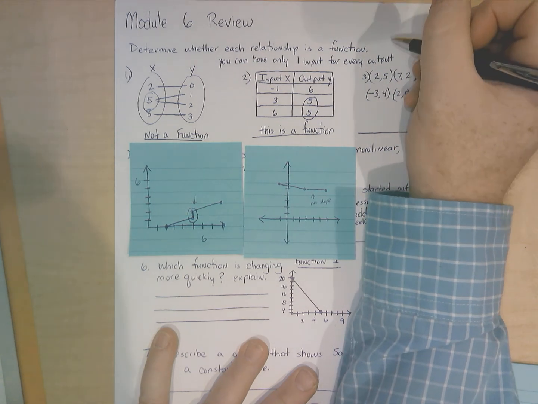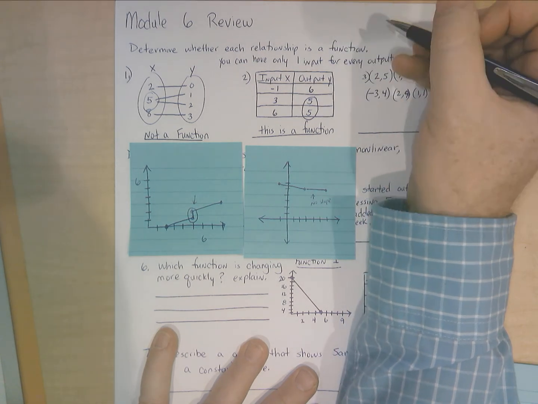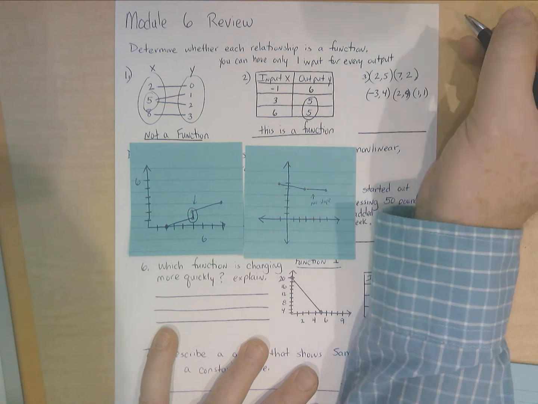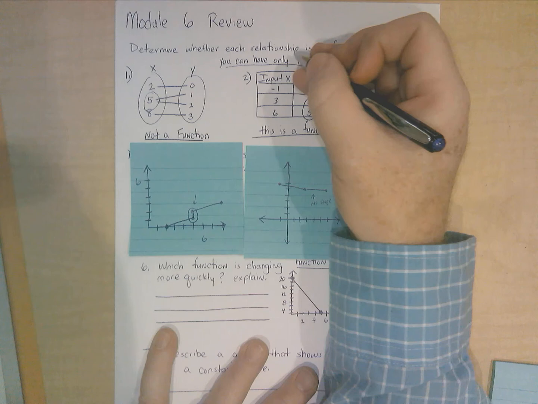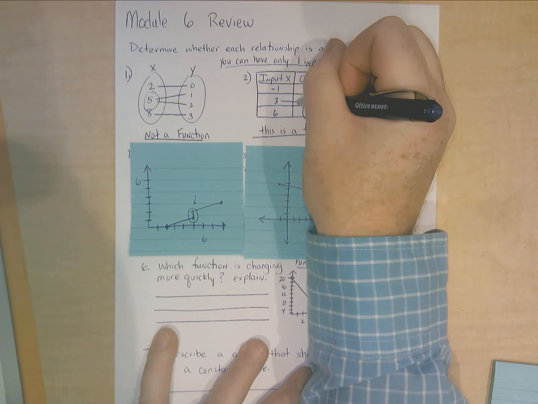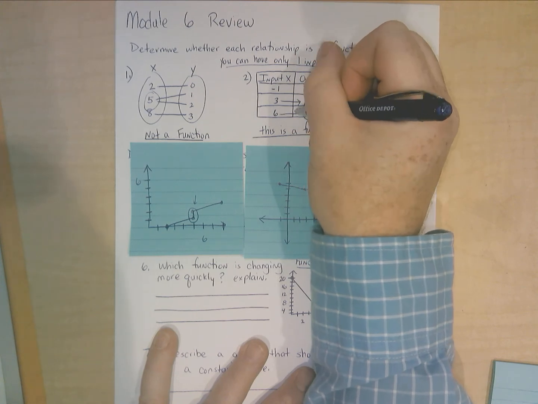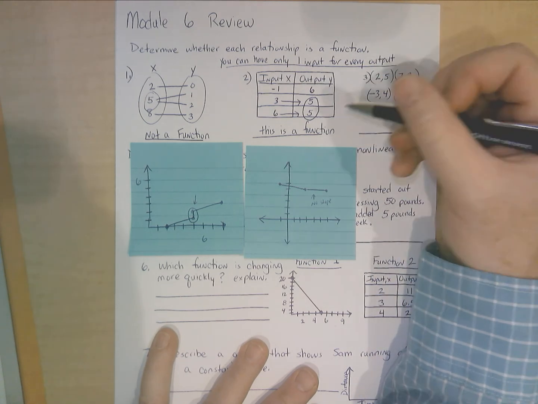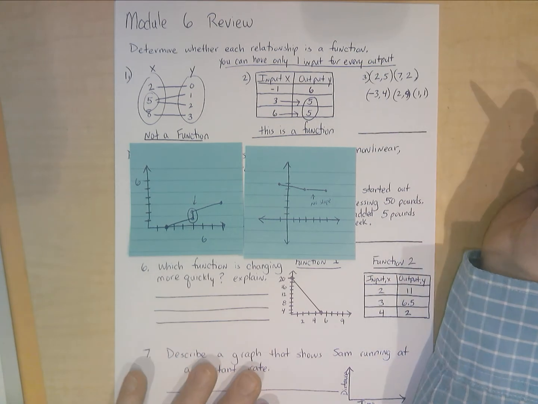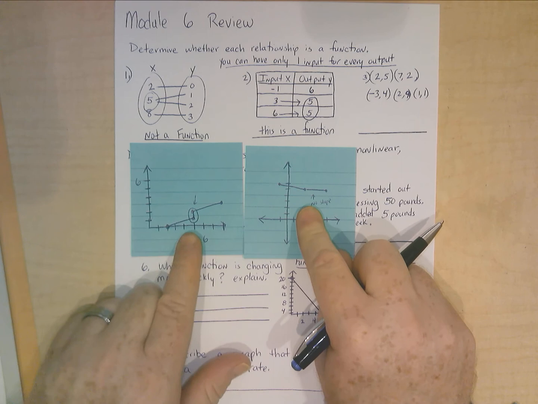But you can't have one input for 2 outputs. So you can plug in a 3, get 5. Plug in a 6, get 5. 2 outputs are okay for different numbers, for different inputs. Okay? So that's the point in case here.